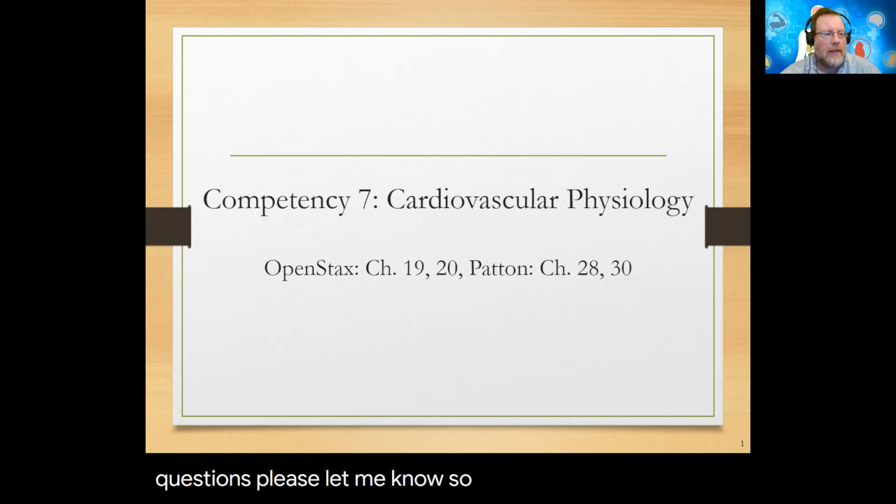So as I stated, that's pretty loaded information. We're going to go through some of the basics of EKG, heart nerve conduction, the flow of blood through the coronary system.